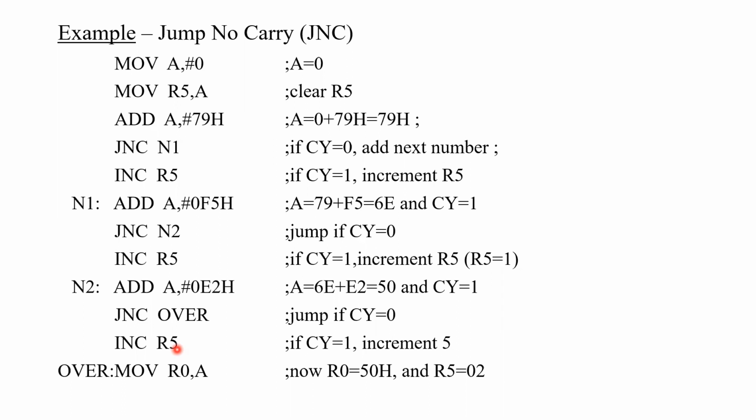We have used most of the jump instructions we discussed here, whether byte or bit jumps. We also use the unconditional jump, and the unconditional jump we use most commonly in each of the programs is SJMP.